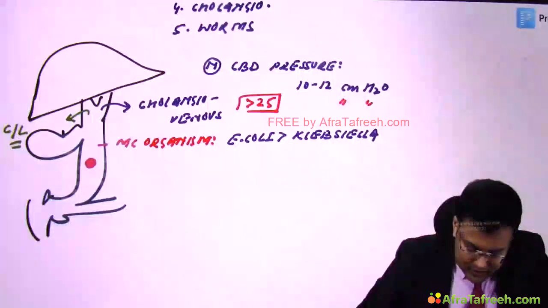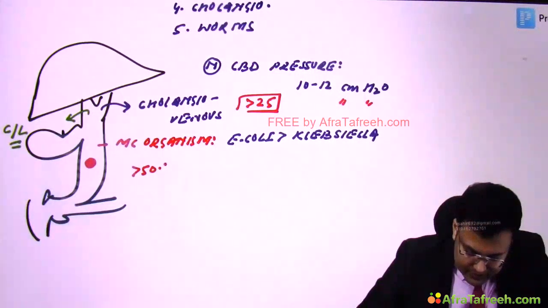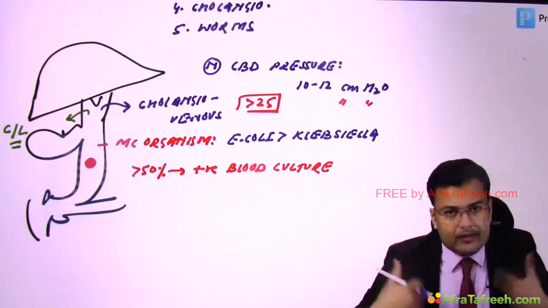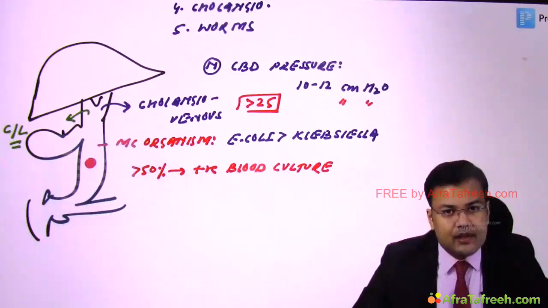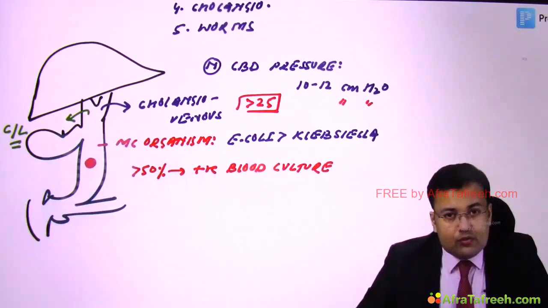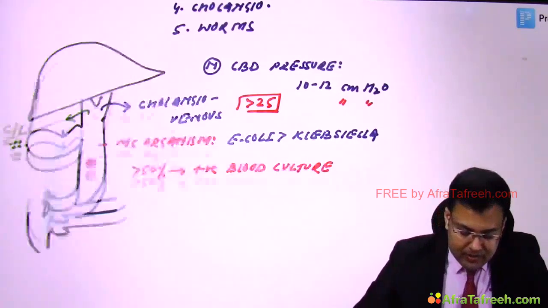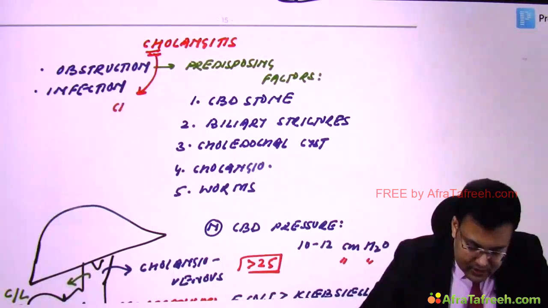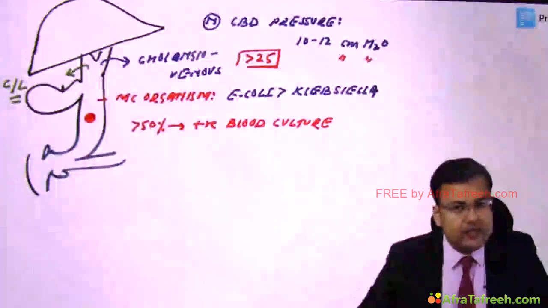Since the patient has systemic sepsis, the most common manifestation of cholangitis is chills. How to remember? Cholangitis, CH, chills.